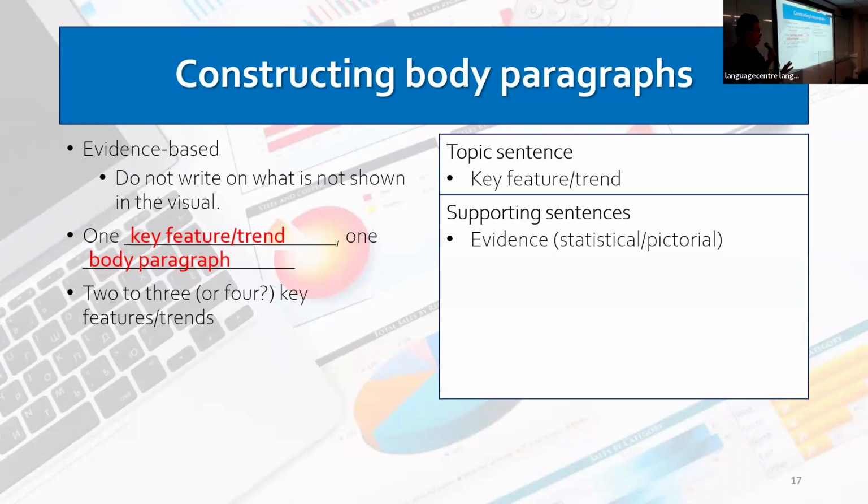Don't be too ambitious, because you won't have enough time, you won't have enough words to cover everything in the visual. So you may need to be selective by pointing out the most important thing that you can observe on the visual.